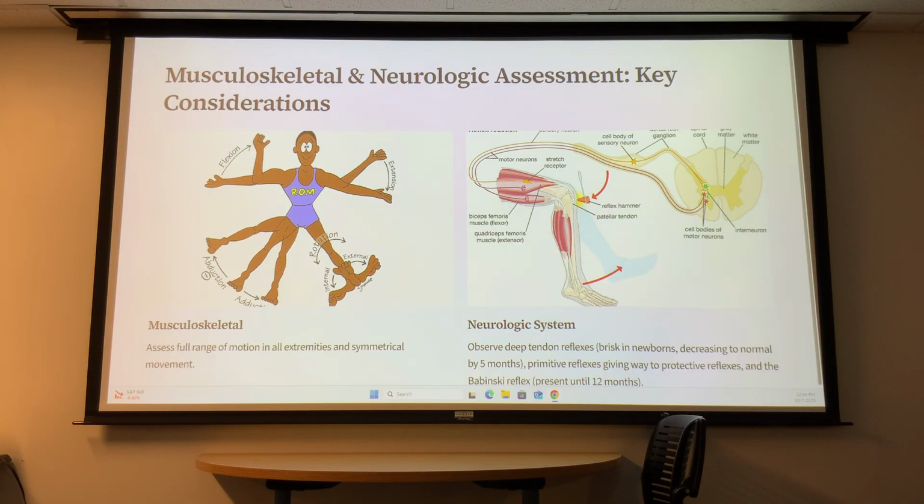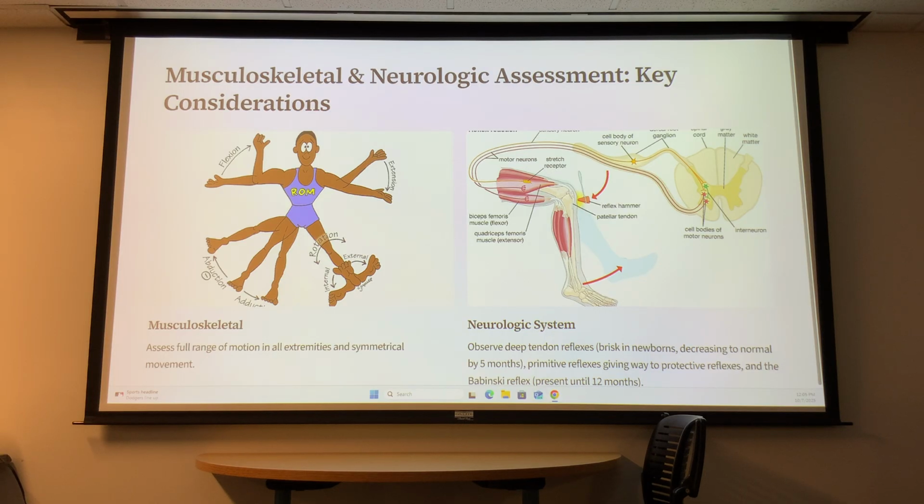So with our newborns, infants, are they moving symmetrically? Are they moving appropriately, or are they not moving one? Say if they're not moving their arm, what could they possibly have? Broken arm. Could have a broken arm, broken clavicle, right? Maybe some birth trauma where they had some nerve damage there, so it'd be not only a musculoskeletal but a neurologic thing, right? Where they've got some nerve damage and they're not able to move their arm.